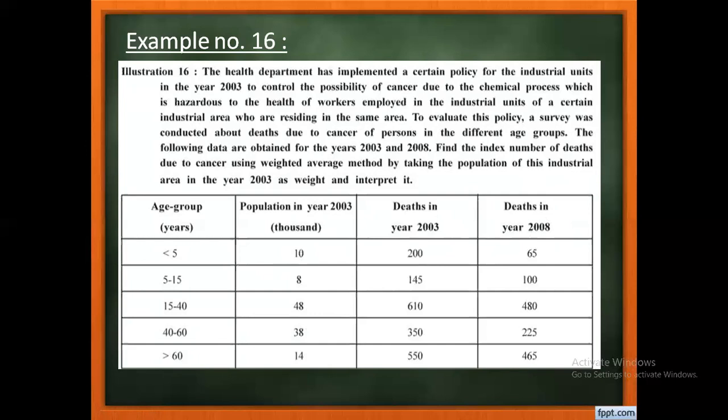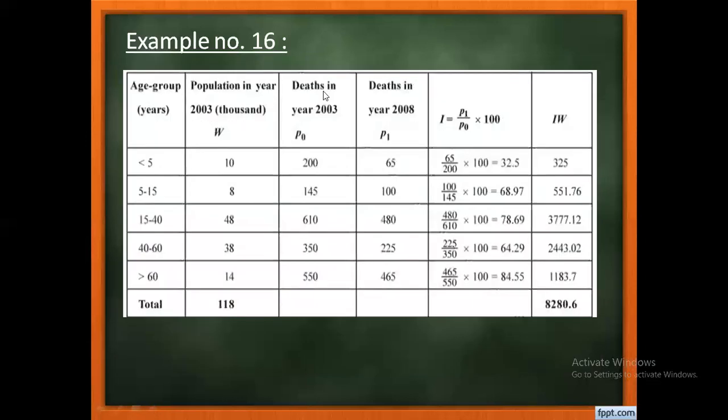Okay. So here you have to calculate sigma IW upon sigma W, the weighted index number. So first we require weight, second we require I, that is the index number, and then you can calculate the weighted index number. How would it be derived? Let's see. This is the population of the year, weight, Q0, that is the weight you have given.